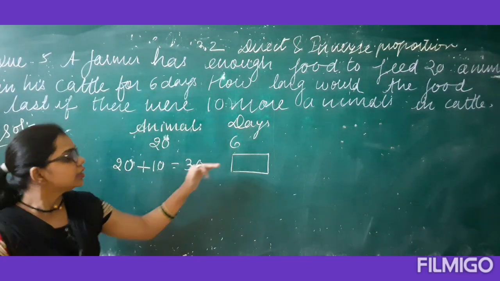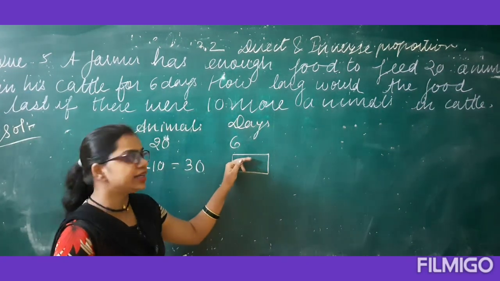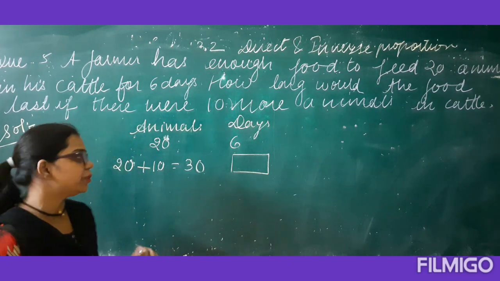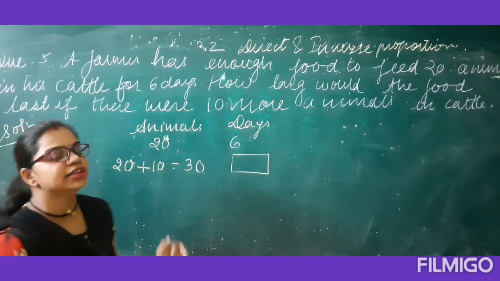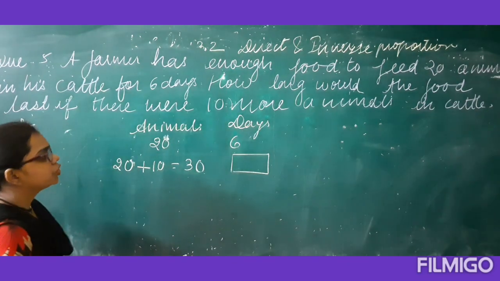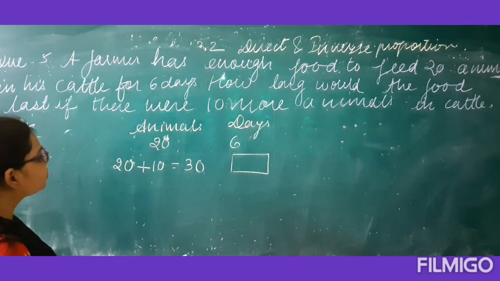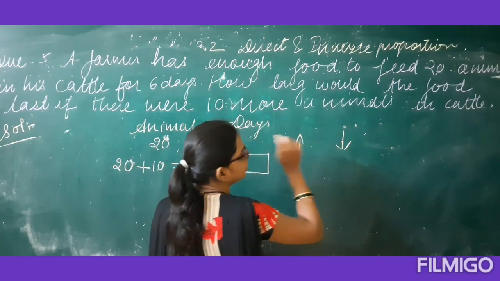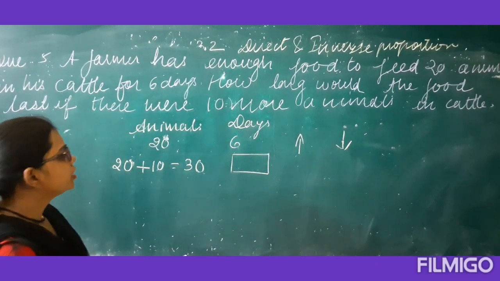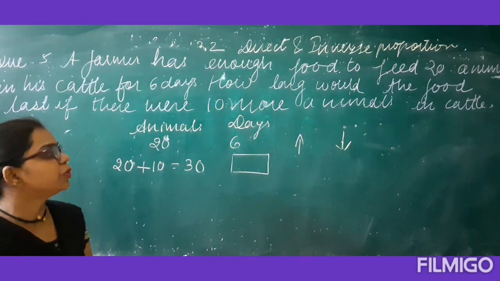Means the number of days will decrease on increasing the number of animals. So this is the condition of inverse proportion. In inverse proportion we know as the animals increase, the days decrease. So this is an inverse proportional condition.